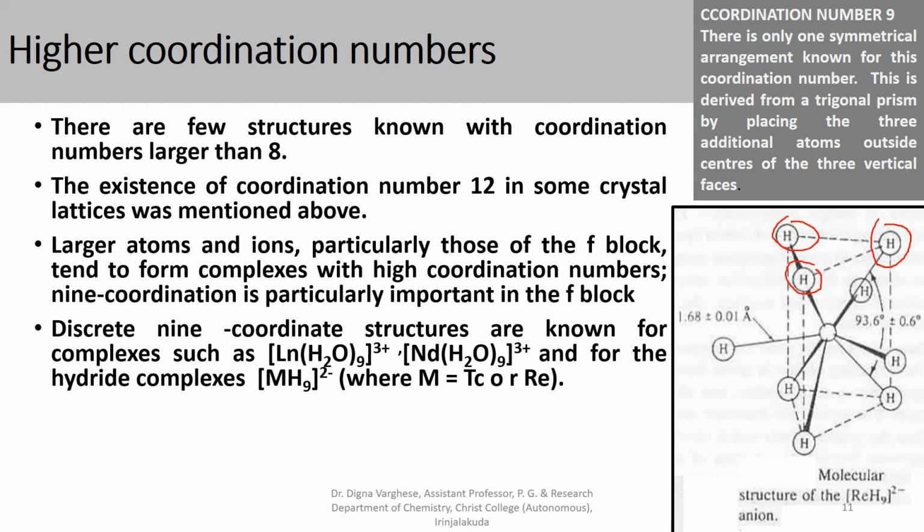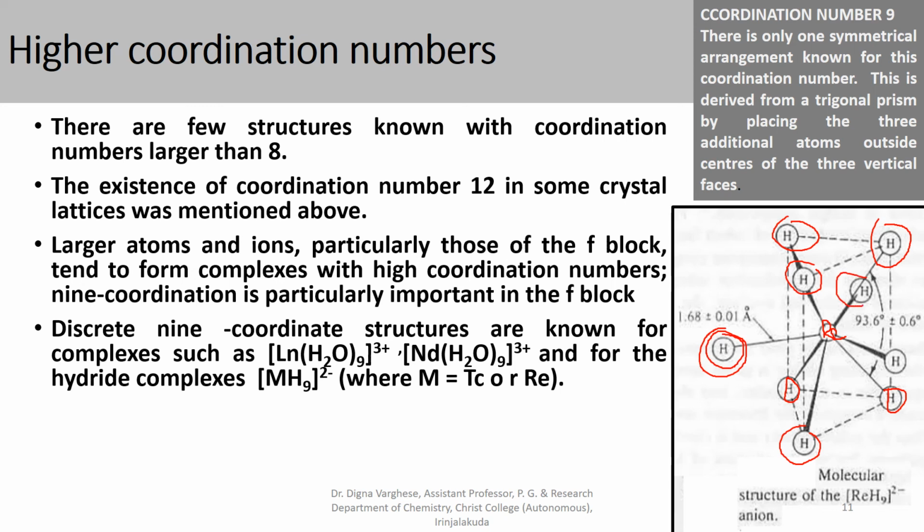And here also you can see other three hydrogen atoms at the vertical side of the antiprism. Here the central metal atom, rhenium. So there are three hydrogen atoms here.